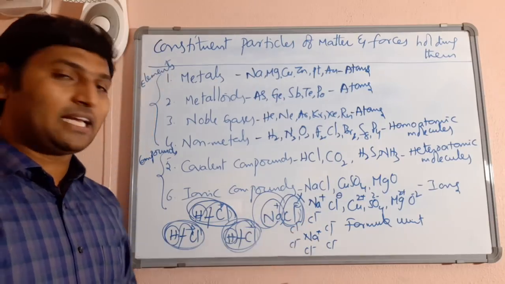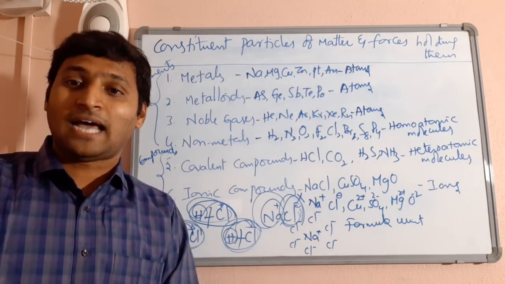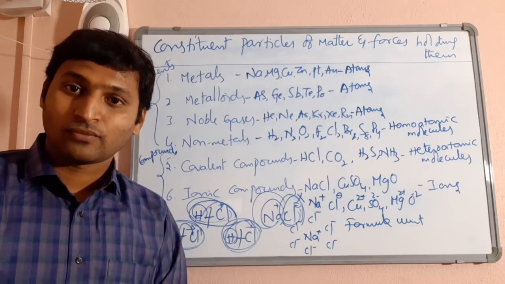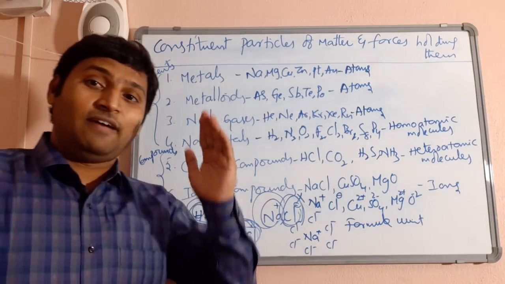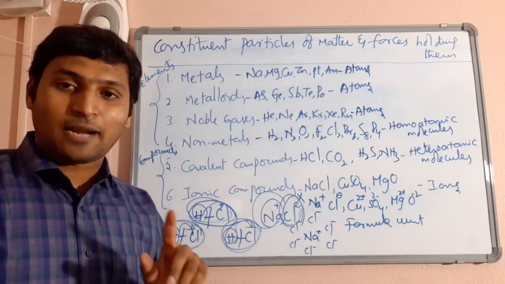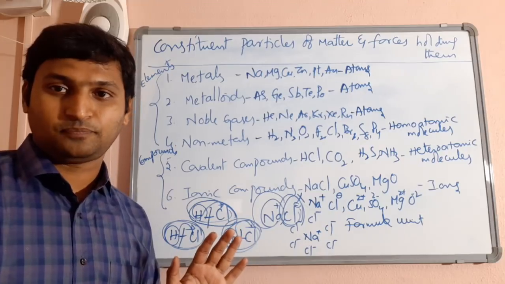So, interparticle forces in ionic compounds are simply interionic attractions, otherwise called ionic bond, which is a strong electrostatic force. Whereas between covalent molecules, a variety of attraction forces are possible, and they are commonly called intermolecular forces.